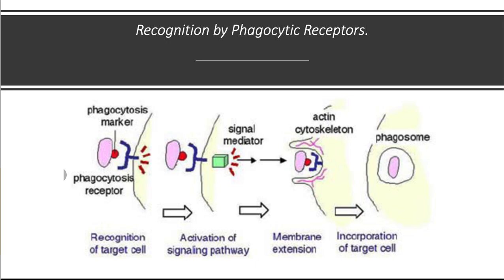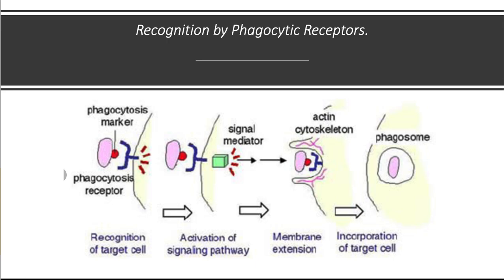Scavenger receptors bind and ingest low-density lipoprotein particles as well as a variety of microbes. The efficiency of phagocytosis is greatly enhanced when microbes are opsonized, coated by specific proteins, opsonins, for which the phagocytes express high affinity receptors.